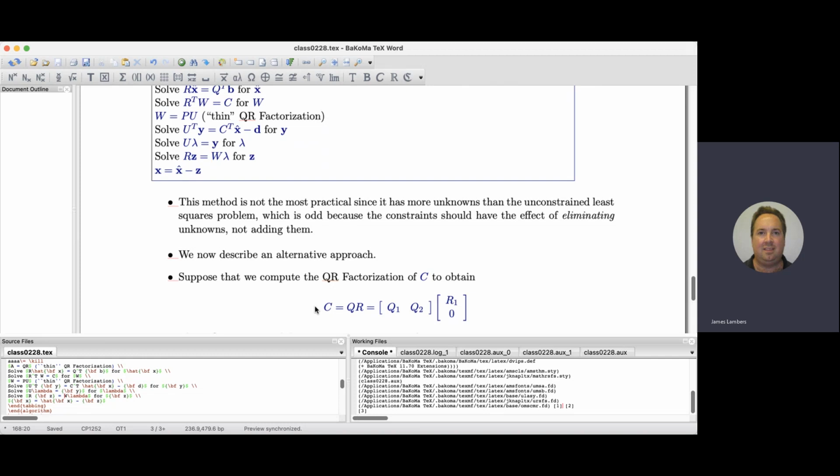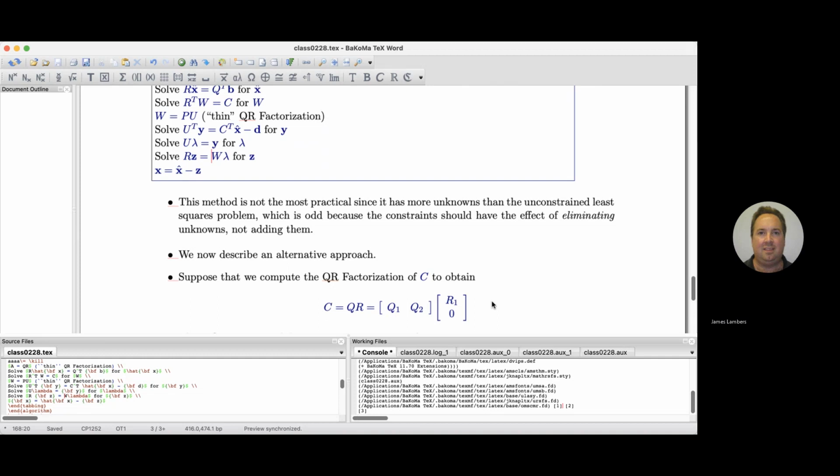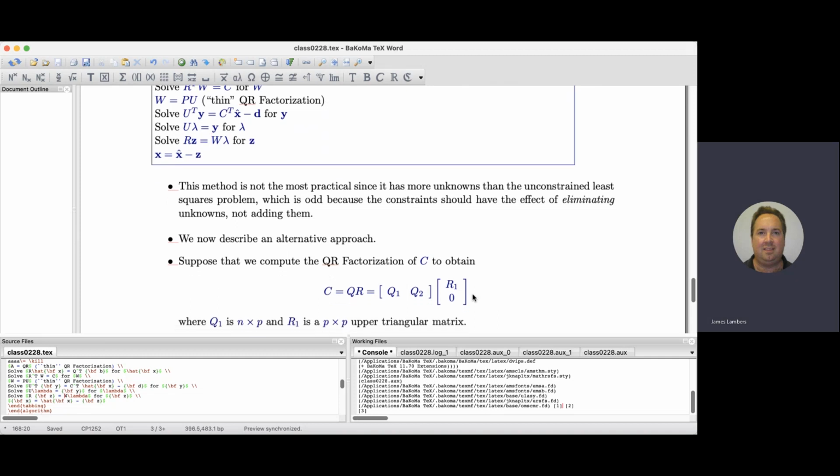That's important because otherwise we could be putting ourselves in a situation where the constraints can't be satisfied, but the constraints had to be exactly satisfied. This is the full QR factorization of C, unlike the thin QR factorization of A we were doing earlier. So keep in mind that in what follows, Q and R refer to C, not A.